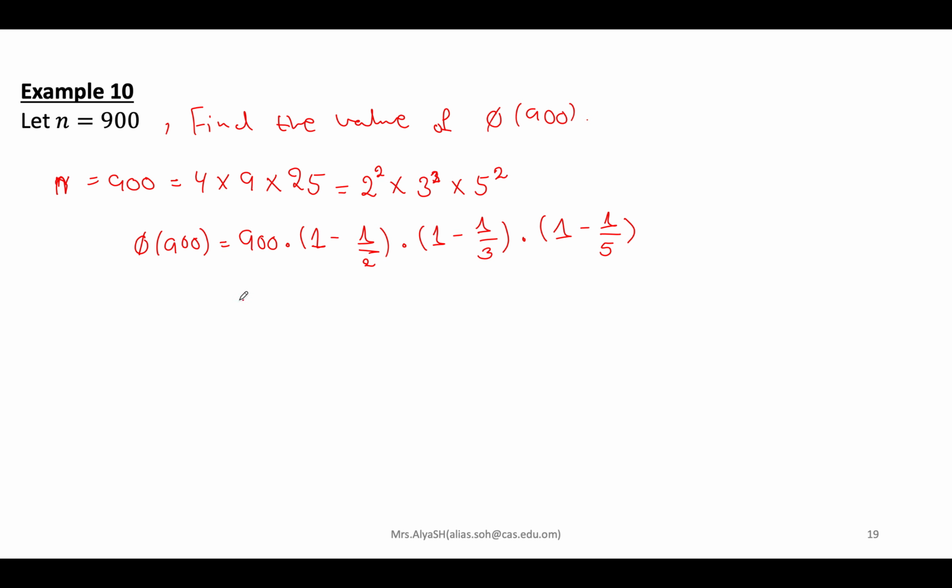So here we got 900 multiplied by 1 over 2 times 2 over 3 times 4 over 5.